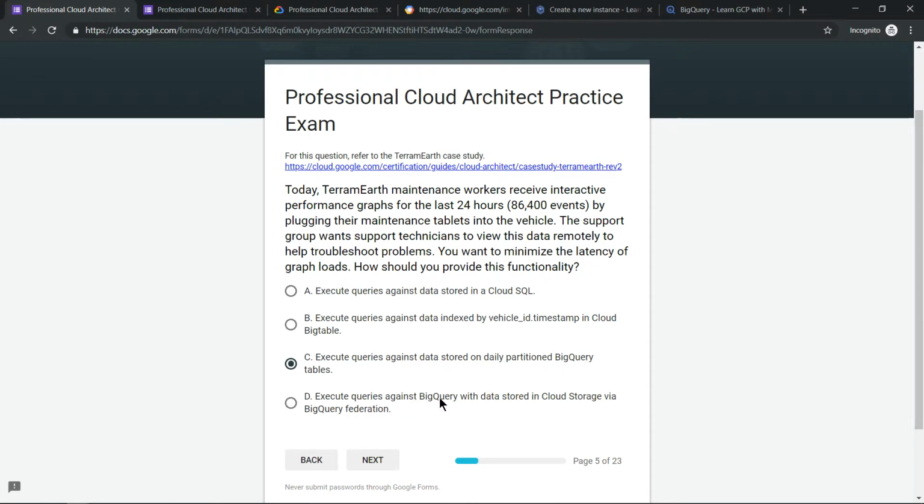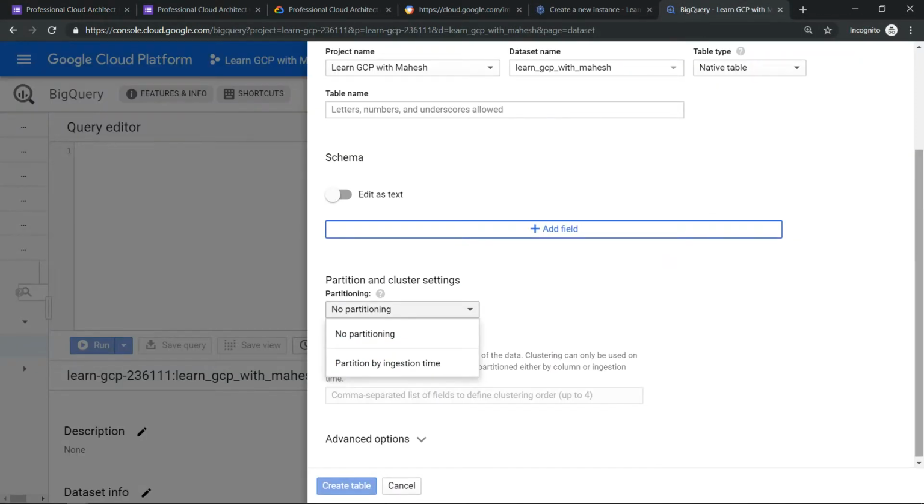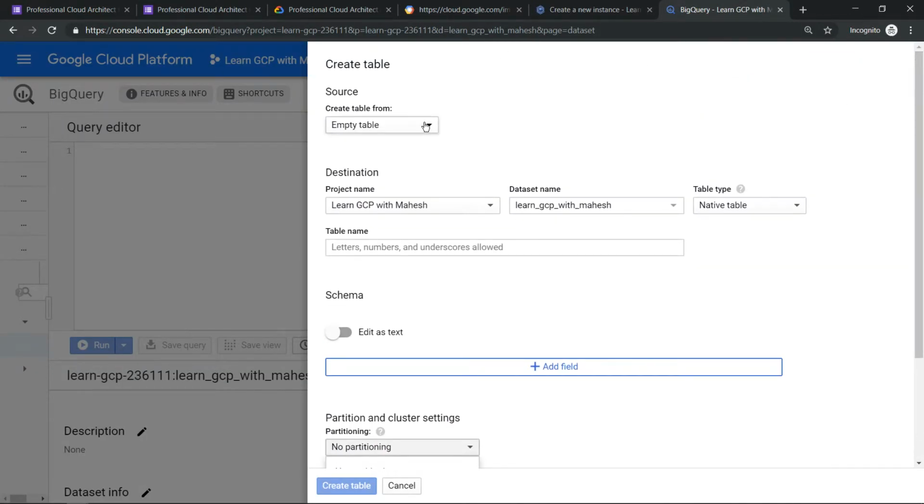Execute the queries against BigQuery with data stored in Google Cloud Storage via BigQuery Federation. Let's understand what they are saying here. For that, let's go to our BigQuery screen. Whenever you are loading data, you can load it in different ways in BigQuery.